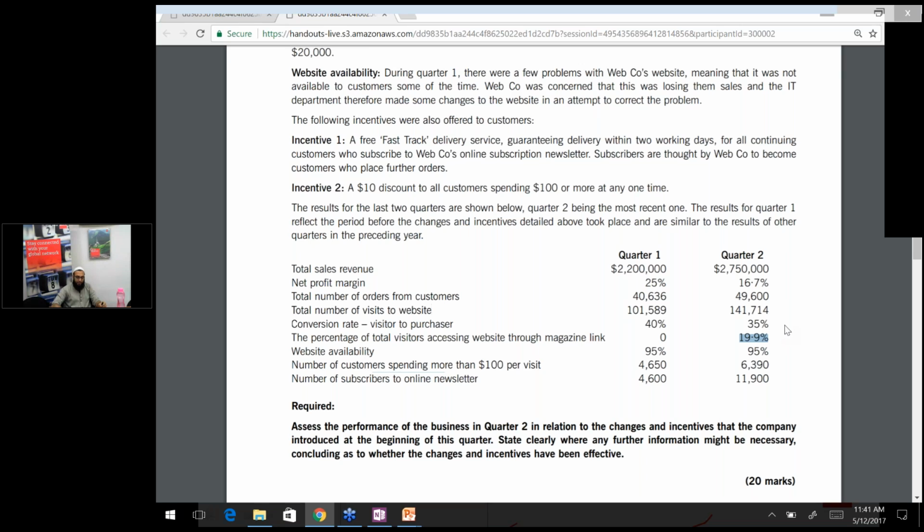Okay. If total visits this quarter is 141,714 and 19.9% came through the magazine link, let's calculate by multiplying 19.9% with this figure. Let's calculate how many came through the magazine link in the total number. Can we do it? Yes, we can do it. It's not that difficult.